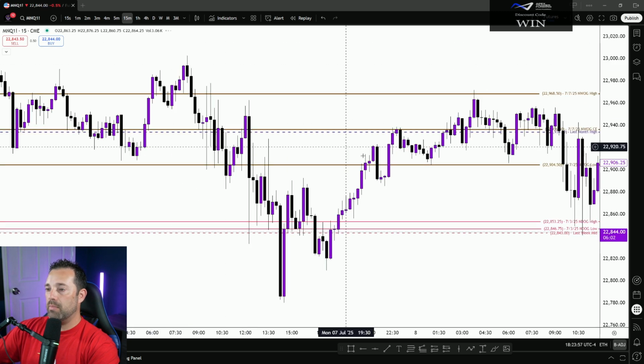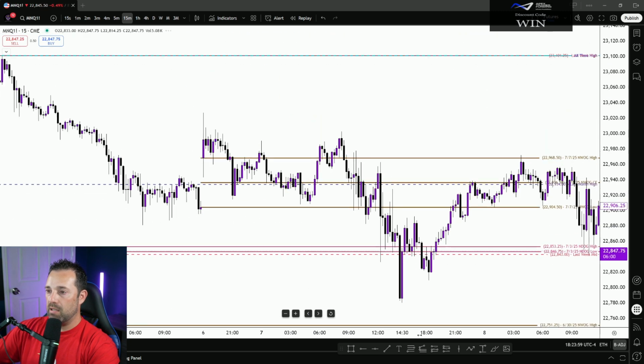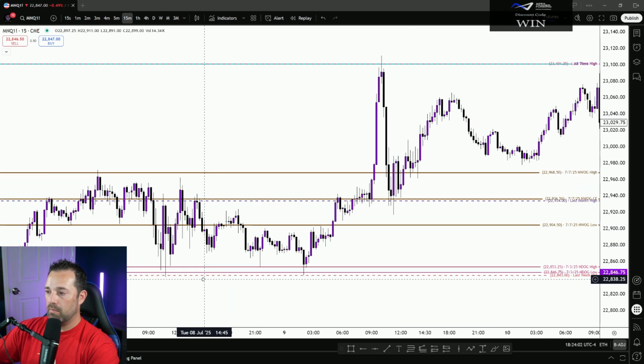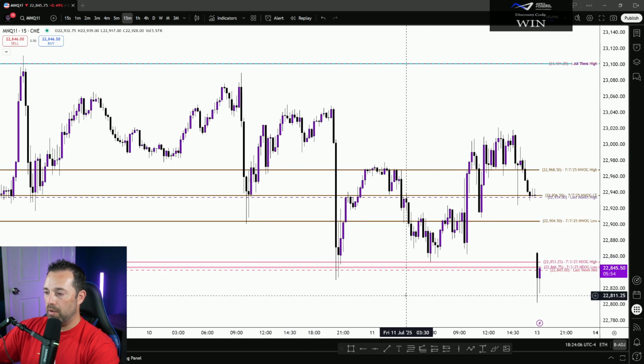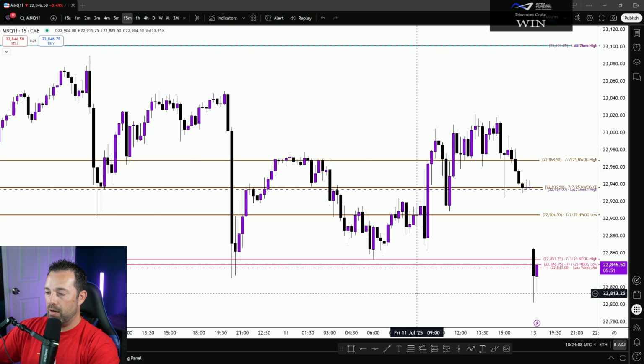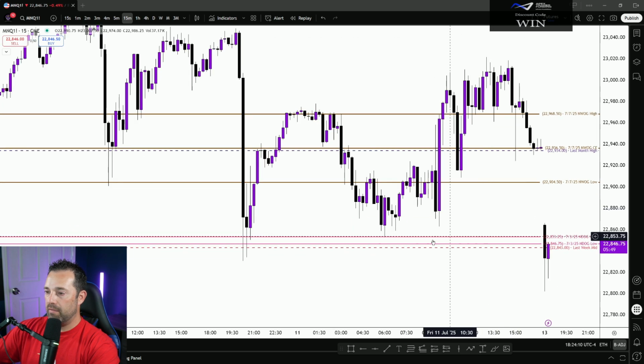Let's go to the 15-minute chart because that's where I basically see all my liquidity for the most part. Okay. So here you go. If you look here, you have relative equal lows back here. Okay.